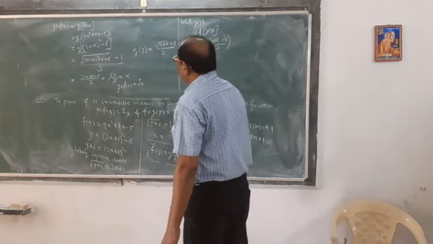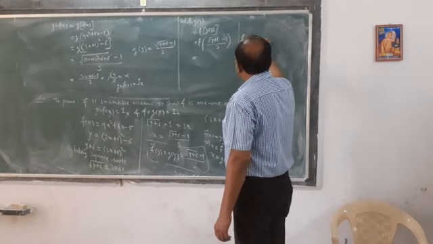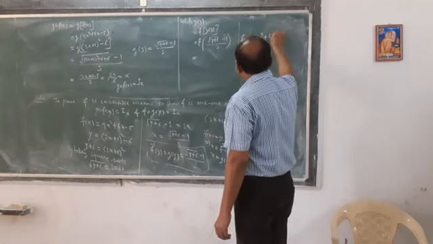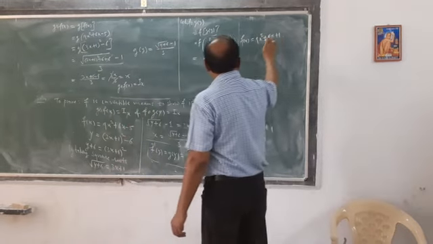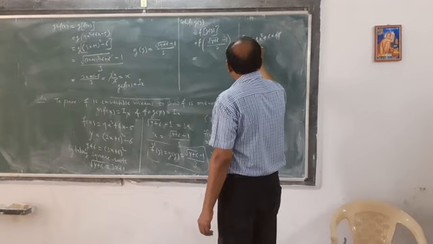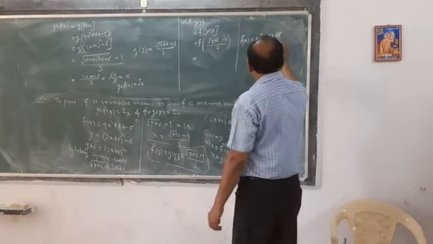Then what is f of x? F of x is nothing but, we have written, 9x square plus 6x minus 5, which means 3x plus 1 whole square minus 6.